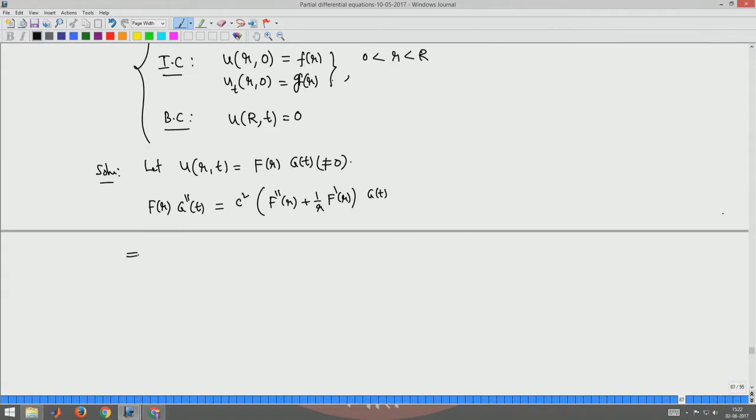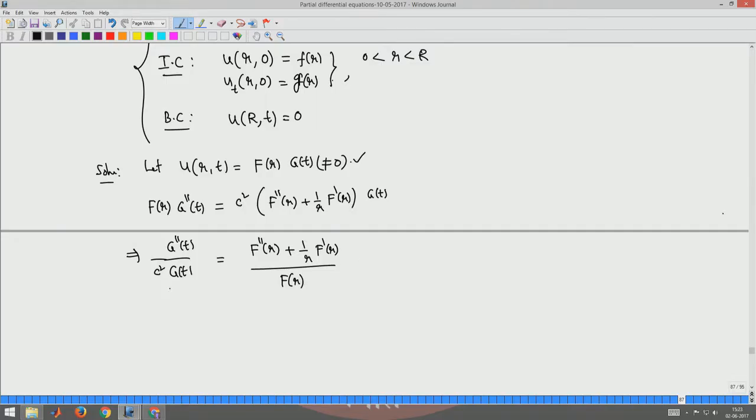Because this is non-zero, you can divide by F of r G of t, and c square also you bring here, so that G double dash of t by c square G of t is equal to F double dash of r plus 1 by r F dash of r by F of r.